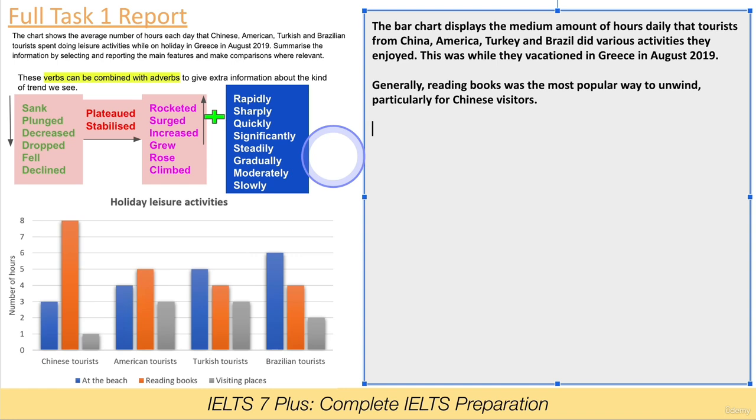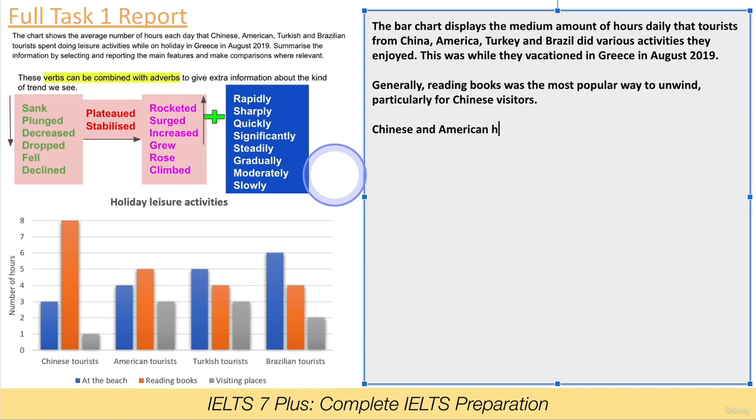Chinese tourists and American tourists both enjoyed reading books, and they were both reading them for 5 hours or more, so we can group them together.